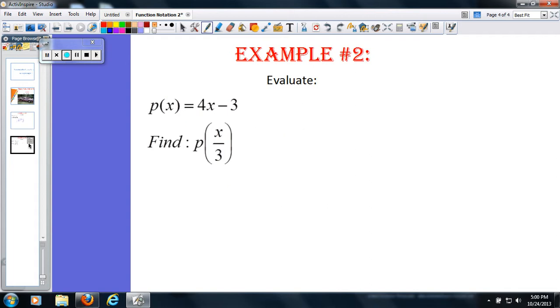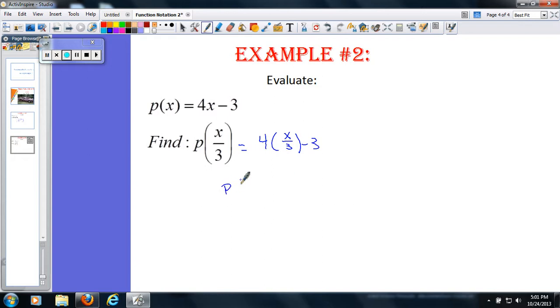Okay? And then if you look at a problem like this, where you have p of x equals 4x minus 3, and I'm telling you to find p of x over 3, it's the same idea. This is going to be 4 times x over 3 minus 3, and now you're going to have to simplify this.